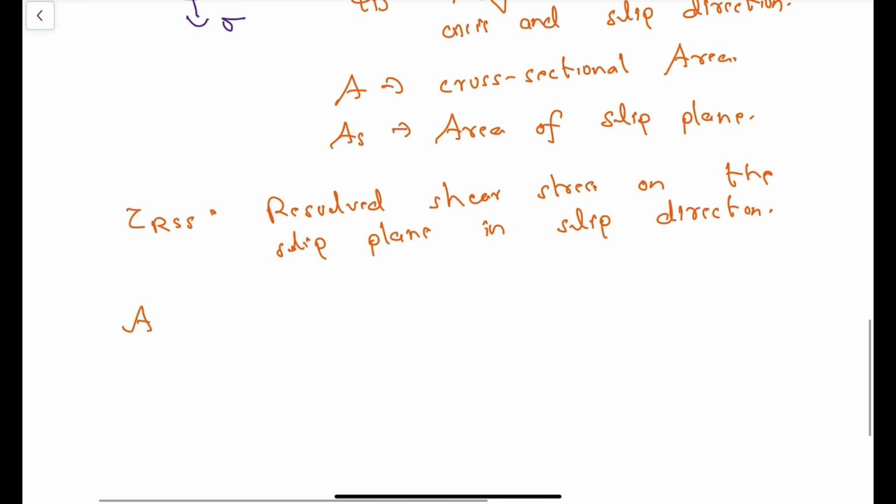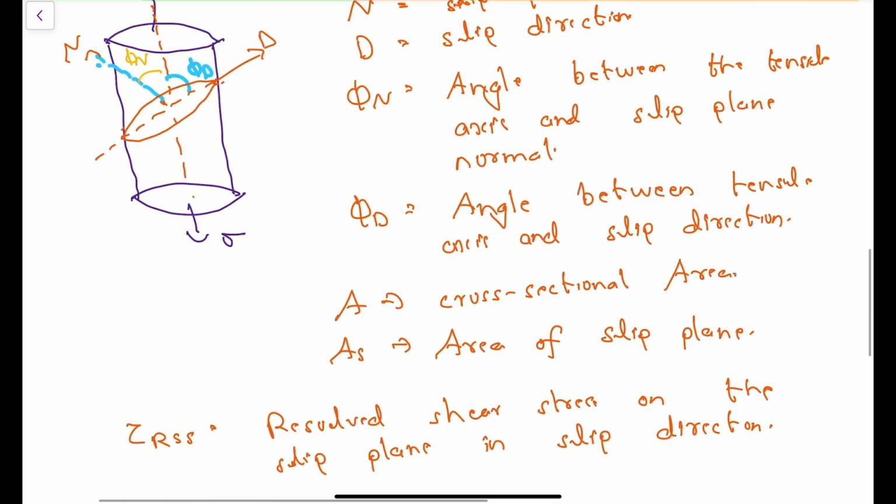First, let us find the area of the slip plane in terms of the normal area. That is given by A by cos phi n. Let us look at this figure. This is the inclined plane, and this is the angle phi d, and this angle is phi n.